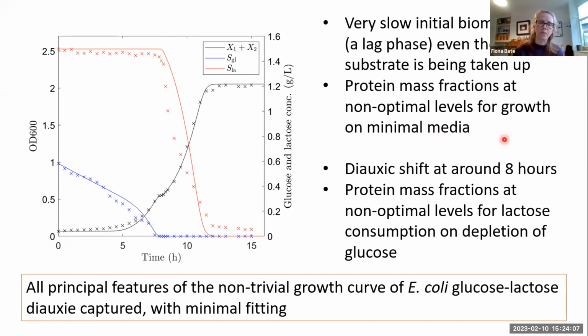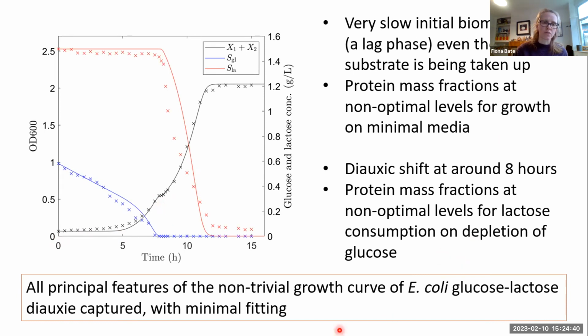And we hypothesize that this means that there's a low level of the anabolic proteins in the cell at time 0 when you switch to the minimal media, which means you can't grow fast because you don't have the anabolic proteins that you need. So that's why we have such a slow growth rate here. The lag here is just due to the fact that the protein mass fractions are not at the right levels for lactose consumption once the glucose is gone.